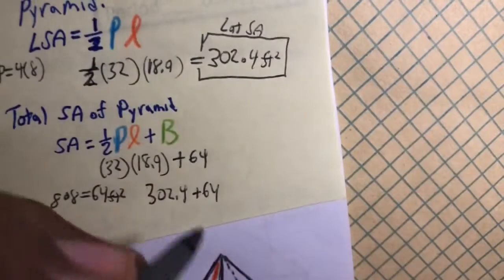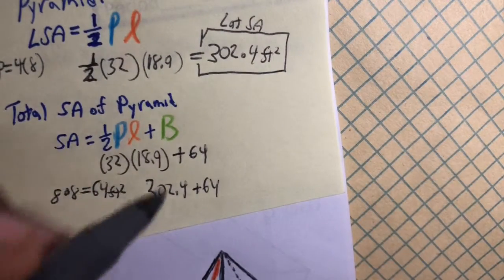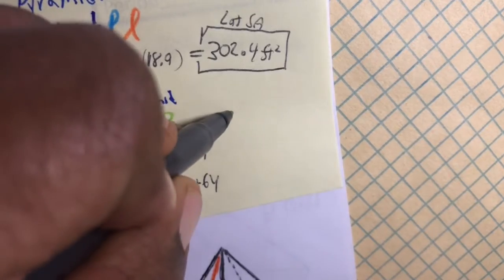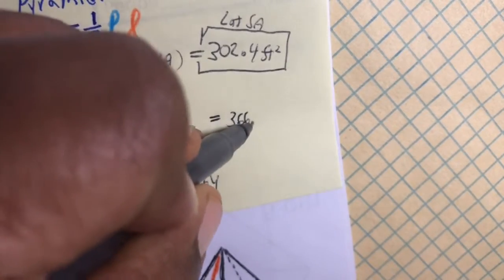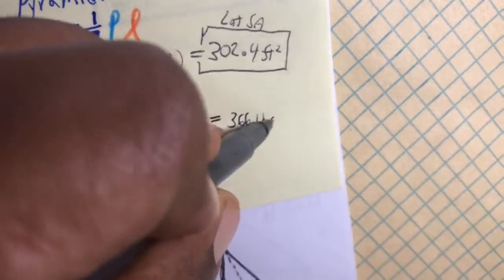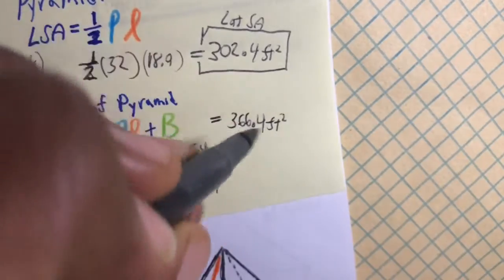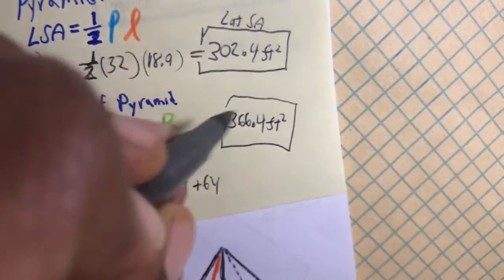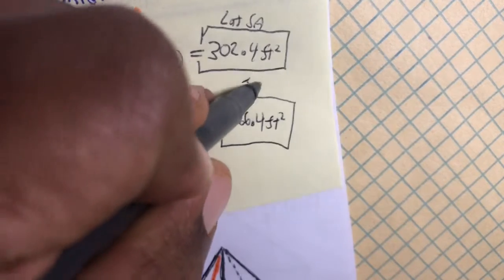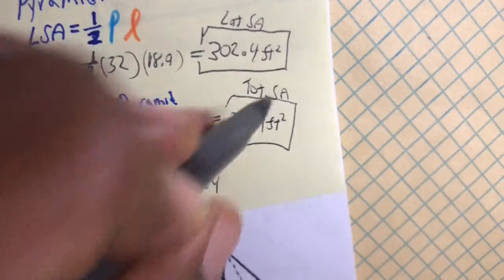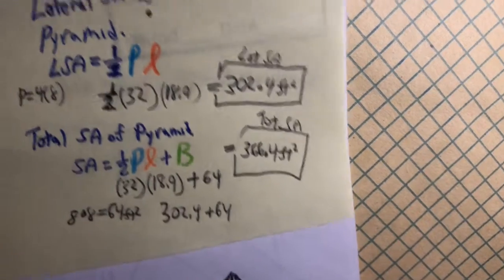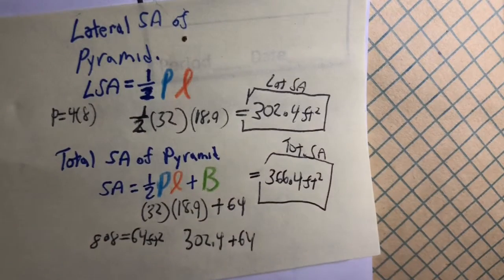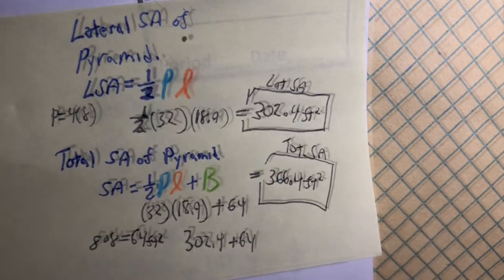And that is equal to 366.4 square feet, feet to the second power, total surface area. All right, so that is how you do total surface area.